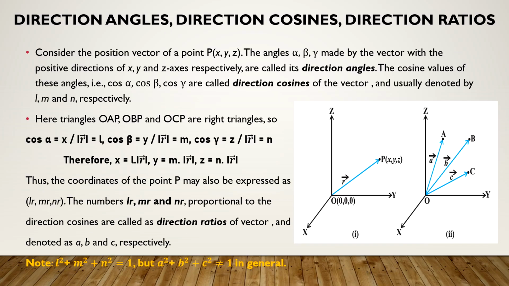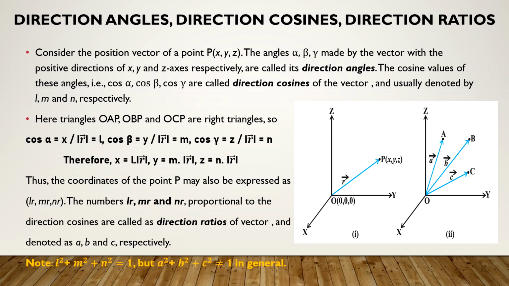Now we will be discussing direction angles, direction cosines and direction ratios, a somewhat important topic. Suppose you consider the position vector of a point P which has coordinates x, y and z. Suppose it makes angles of alpha, beta and gamma with the positive directions of the x, y and z axis respectively.